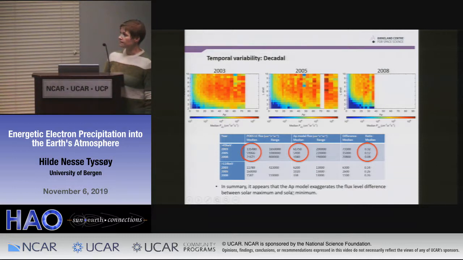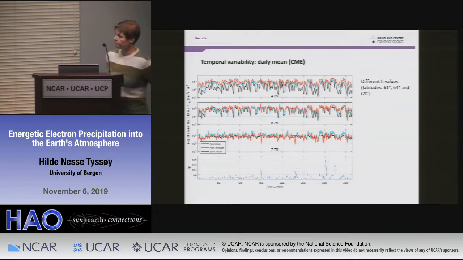This means that the AP model might exaggerate the difference between solar max and solar min. So even if it's an underestimation, it's less of an underestimation in the high activity year compared to the low activity year, which we could keep in mind.